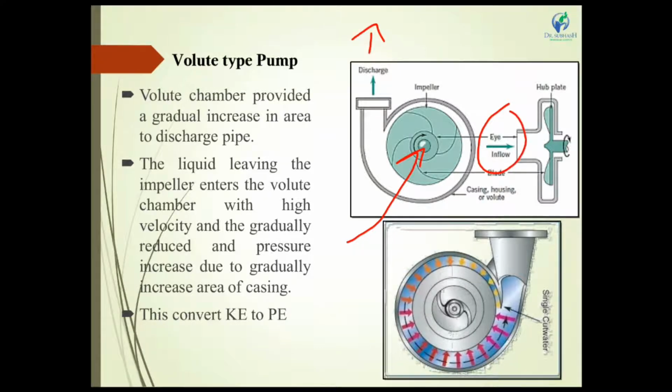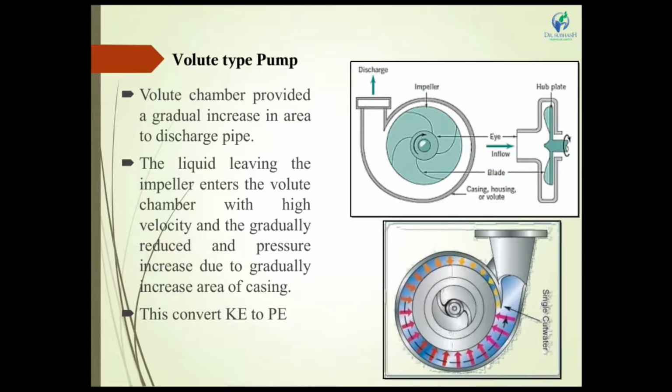The water passes from this suction line to inside the pump, and that's called the eye. The blue shade in this figure is known as the impeller. This position is the front side and this position is the side view of the pump, where the impeller is mounted in the center of the centrifugal pump.